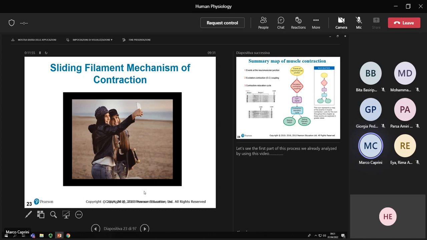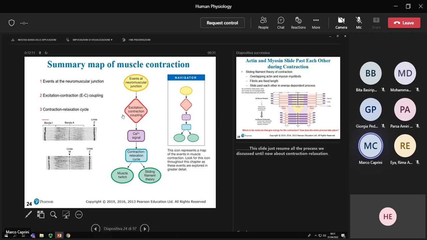Okay, so we have seen all the process from a structural point of view, how the contraction takes place. And now we are able to understand what happened from the beginning till the end of the contraction.